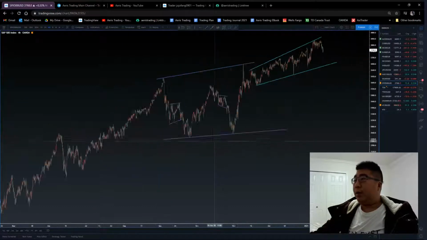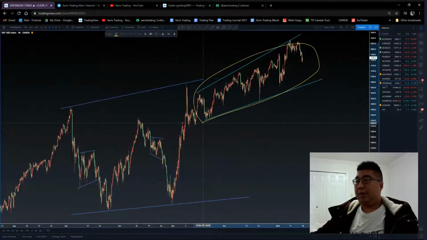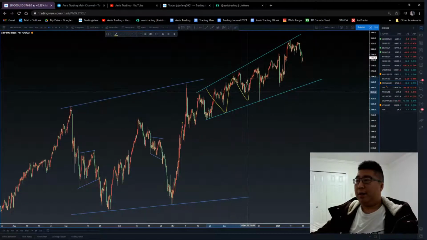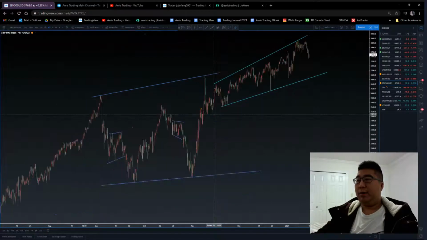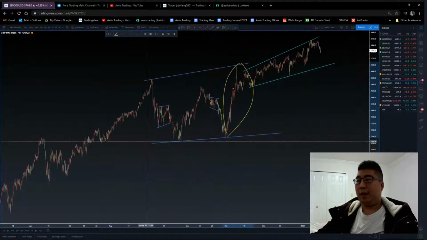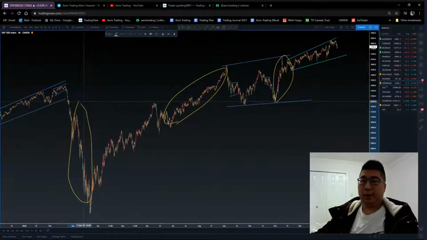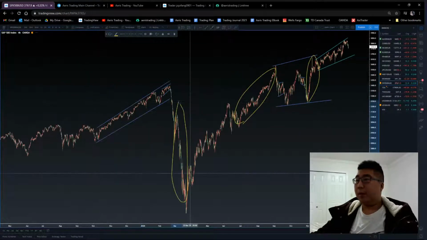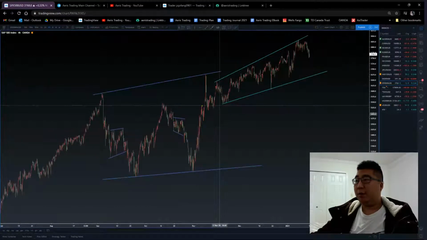Let's continue. So S&P 500, very similar idea, right? We're in this larger kind of ascending channel now. Price is still correctively moving. This is not an impulsive phase like how the market has been moving, right? These are the impulsive phases that I'm circling, and then an ascending channel correction. We've seen these over and over again as well, right?